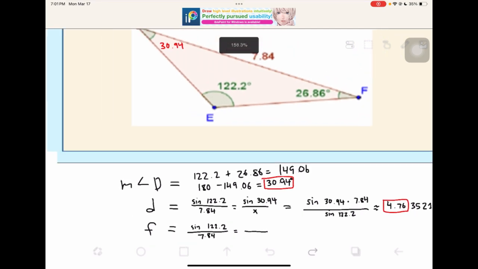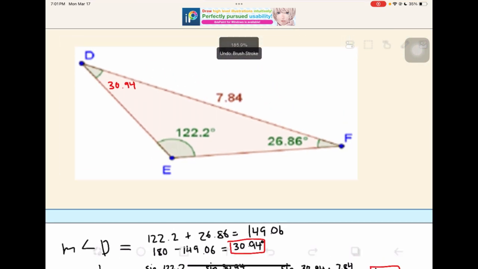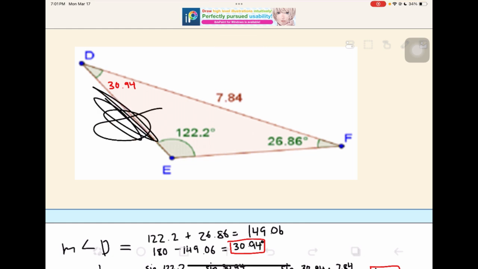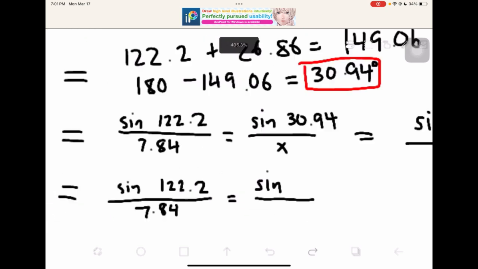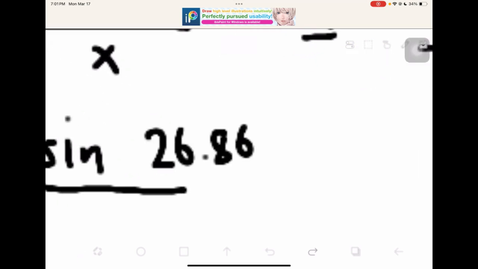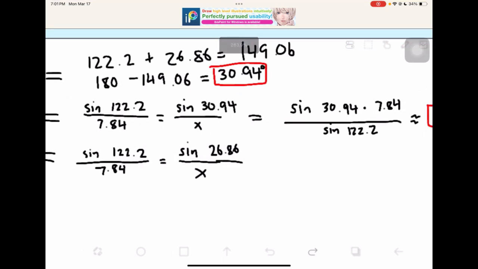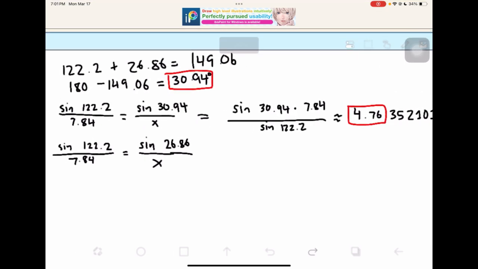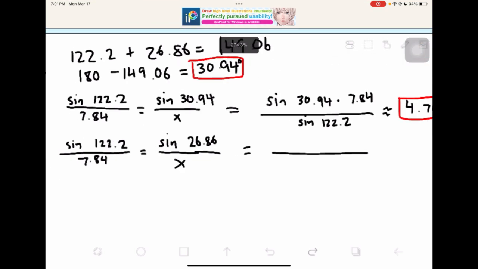So this time we're looking for this angle, so it's going to be this side, this one. So we just need to give out sine 26.86 over, we don't know. Perfect. We now can apply that once again to our calculator.